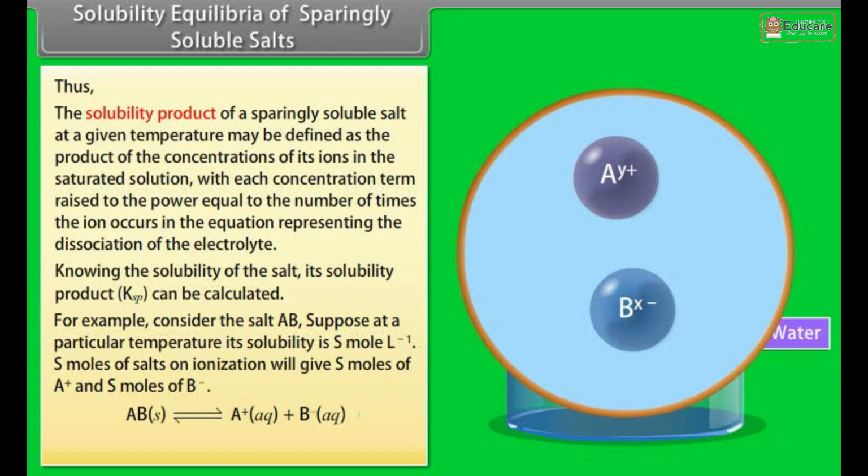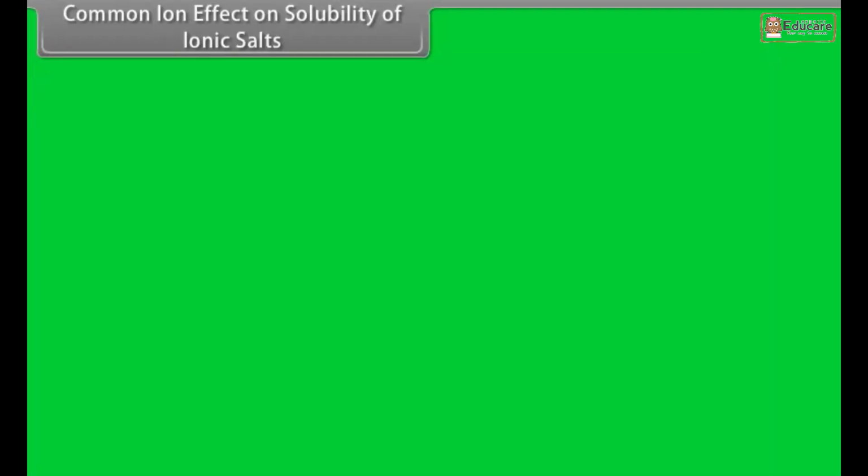S moles of salt on ionization will give S moles of A+ and S moles of B-. Ksp = [A+][B-] = S × S = S^2.